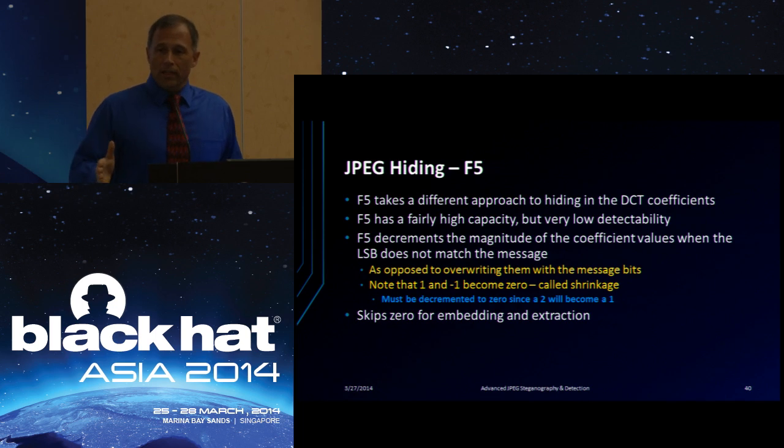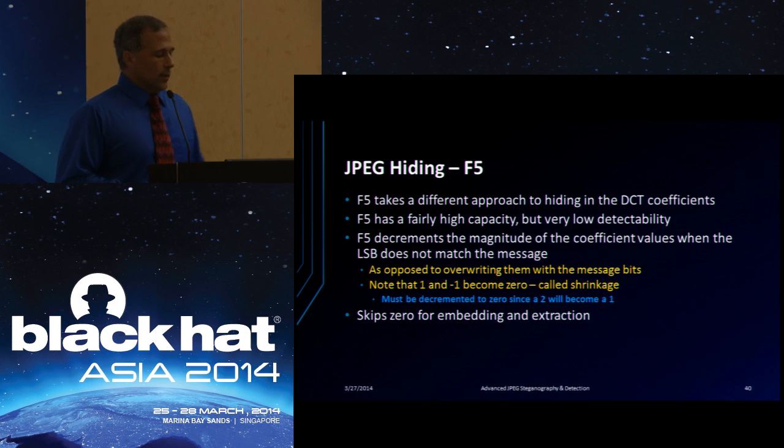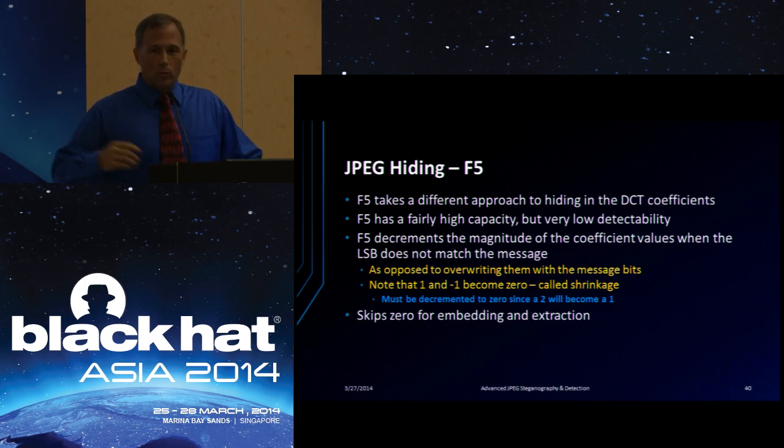So 1 minus 1 is 0, and so it can't hide there. -1 minus 1 is really -2, but it subtracts 1 from the magnitude, so -1 goes to 0. So it can't hide in a -1 either. Okay? So one of the detractions is that you get more zeros with the F5 algorithm once you've hidden in the image. But as it turns out, it doesn't really matter.